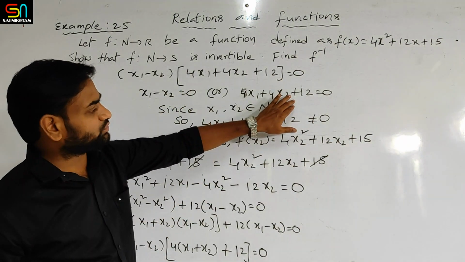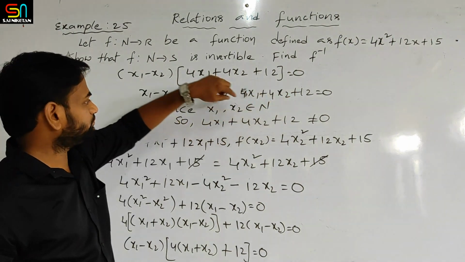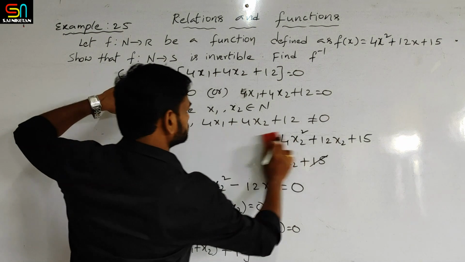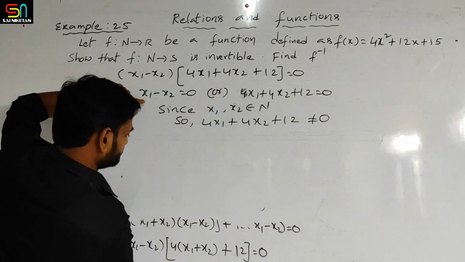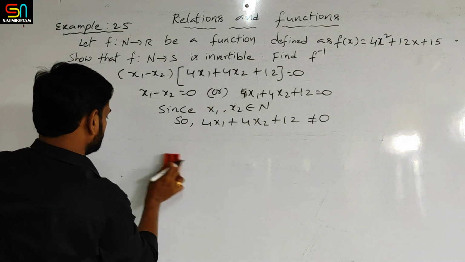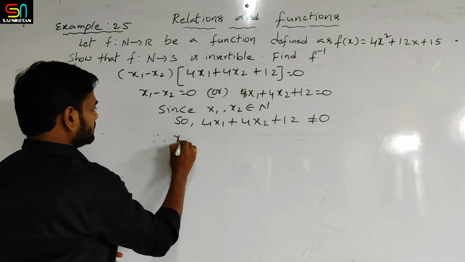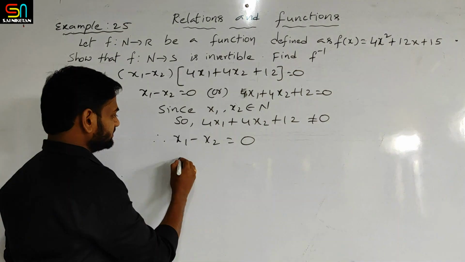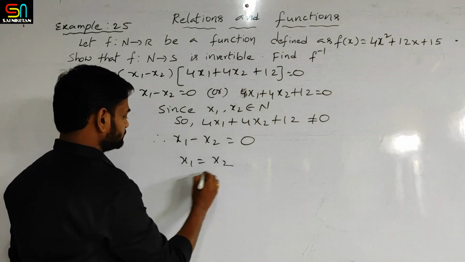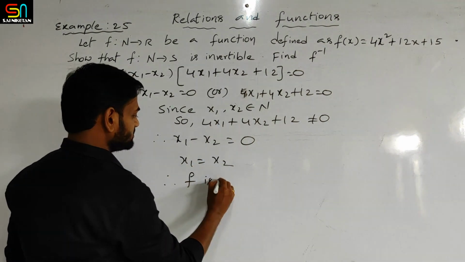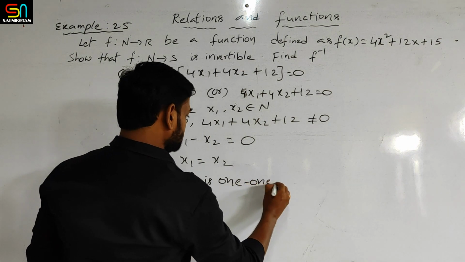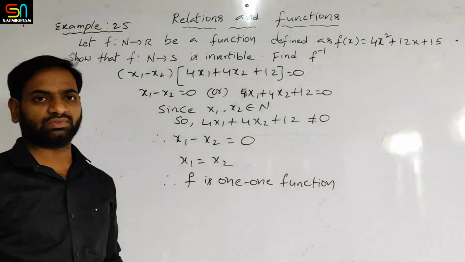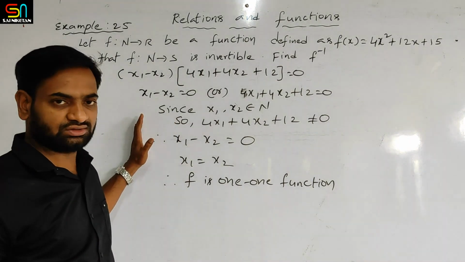When this is not equal to 0, then which is 0? x1 minus x2 is 0. Therefore, x1 minus x2 is equal to 0. So what can you add here? x1 is equal to x2. Therefore, f is one-one function.